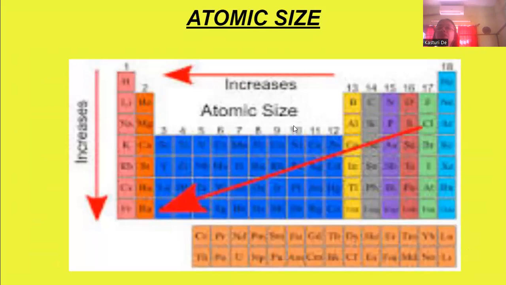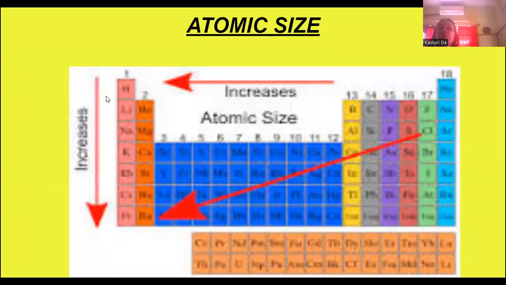See, this picture is slightly blurred, but see, atomic size increases down the group. When we are moving from left to right, it decreases. When we are moving from left to right, there is a decrease in the size till group 17. Then at group number 18, suddenly there is an increase in the atomic size.